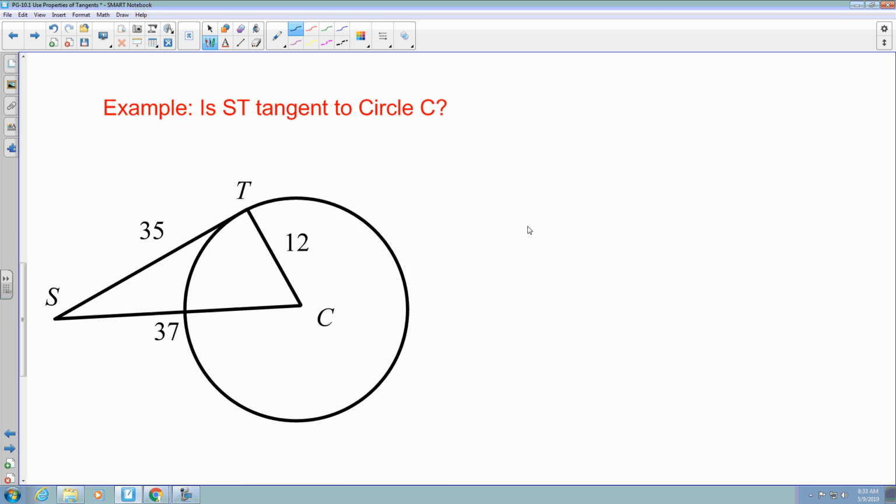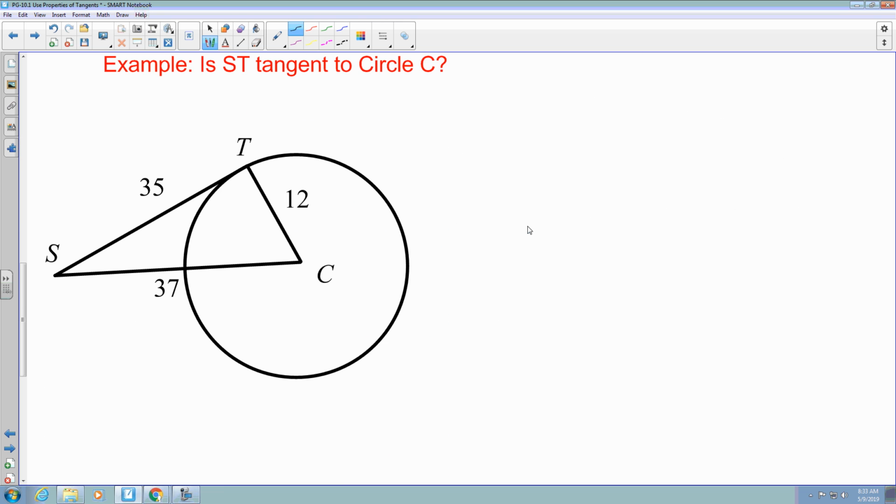All right, so looking back at that first theorem, they want us to figure out if ST is tangent to circle C. The only thing we have to figure out is whether this is going to be a 90-degree angle.